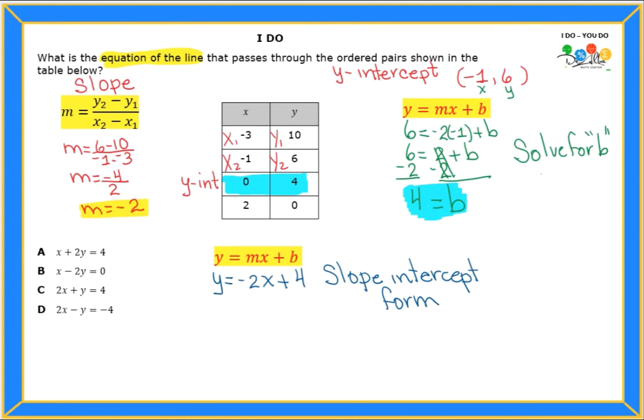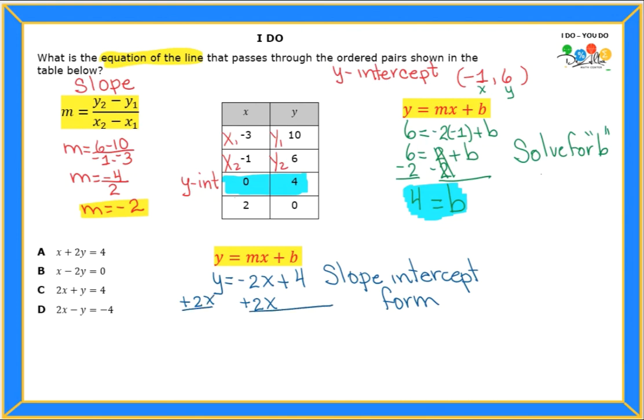You can check the answer choices and leave y by itself, which might take a little bit of time because you need to do each one of them. Or you can take the answer that we already have and write it in standard form. What I need to do for my problem is move the negative 2x to the other side, by adding 2x on both sides.